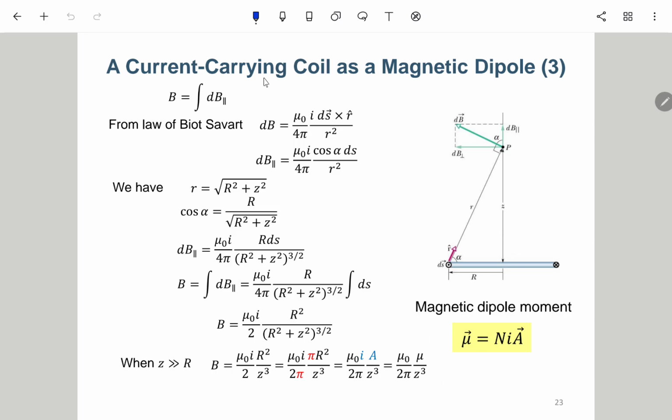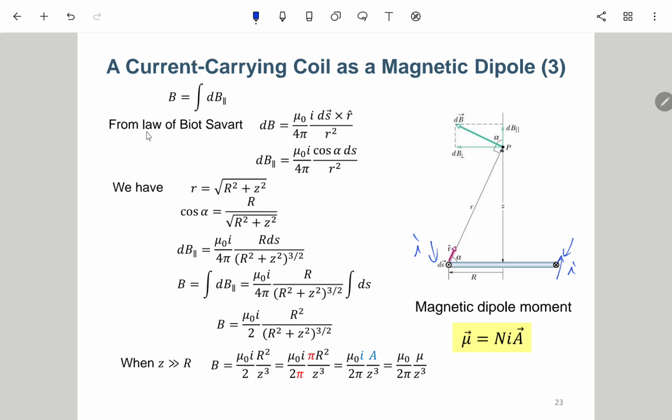using the Biot-Savart law. Here we assume we have a current-carrying coil. This is just a cross section, so we only see a line here, but actually this is a coil. The current here is pointing out of the page, and pointing into the page at this point.